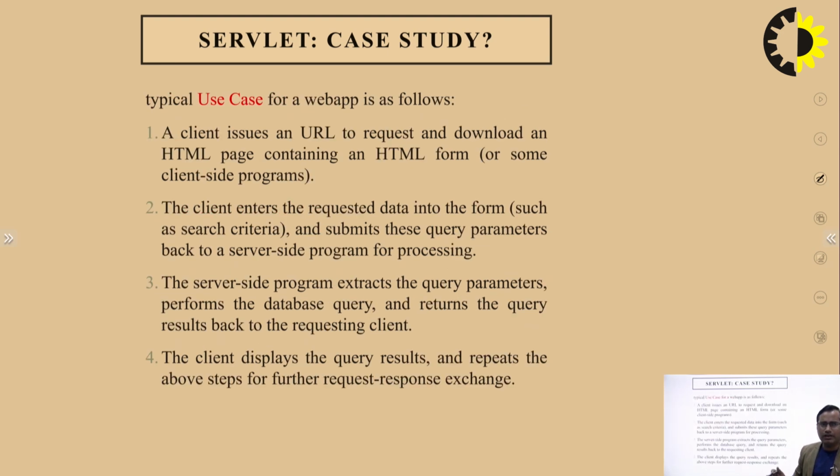A typical use case of web applications can be understood through the following points. First, a client issues a URL to request and download an HTML page. This request may be in the form of a URL, and it may be a request to download an HTML page containing an HTML form, through which users can send their information to the server or request some pages.